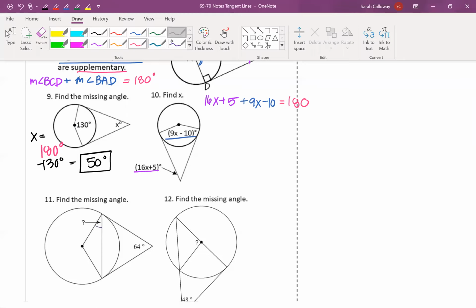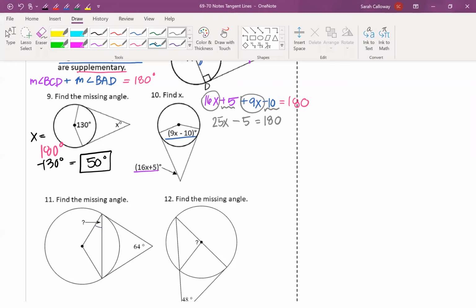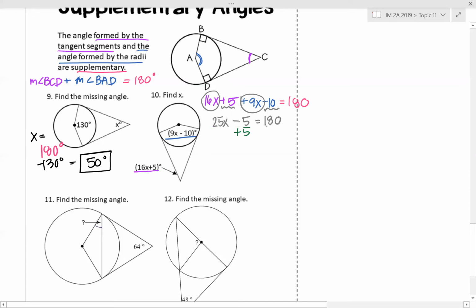So remember that if I have all the x's on the same side, I have to combine like terms. So if I have 16x plus 9x, that means that there are 25x. And then 5 minus 10, so 25x minus 5 is equal to 180. So then solving this, I'm just finding x and that'll be my answer. I'm going to add 5 to both sides.